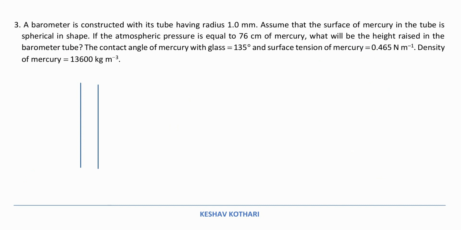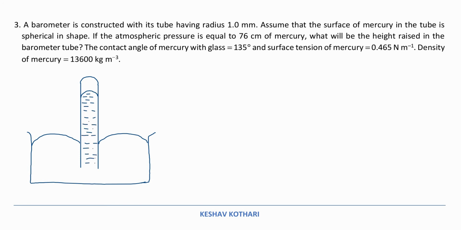If I consider a case where we ignore the aspect of capillary rise, we write it in this way, that this is the mercury column, and when the atmospheric pressure is discussed, the height of mercury in the column is going to be 76 centimeter of mercury.